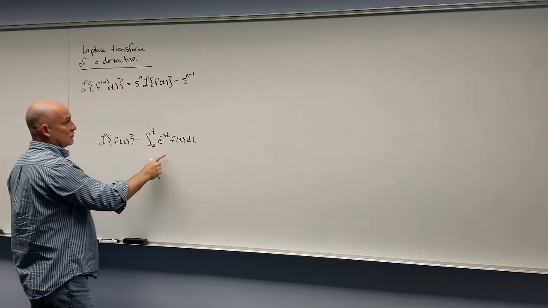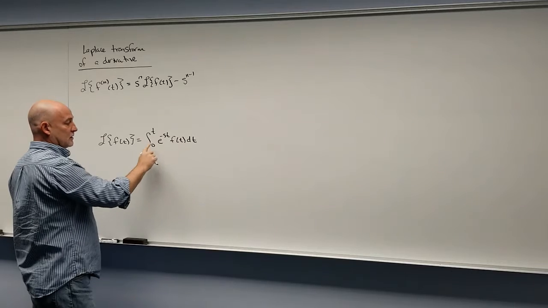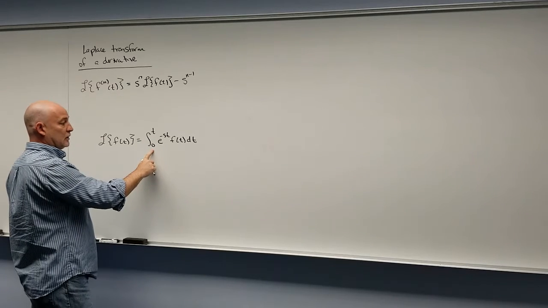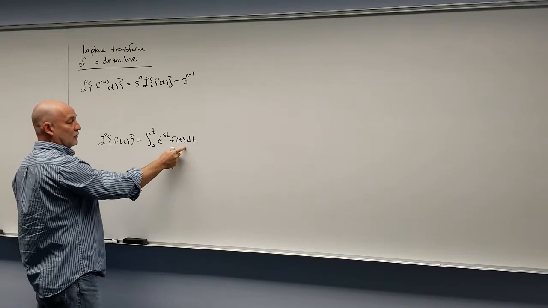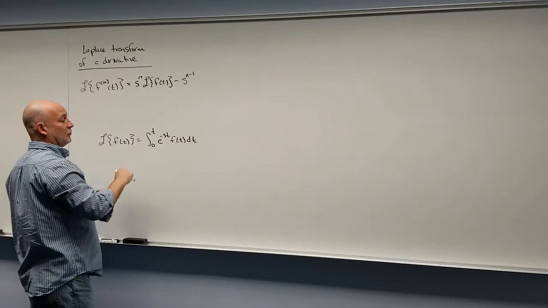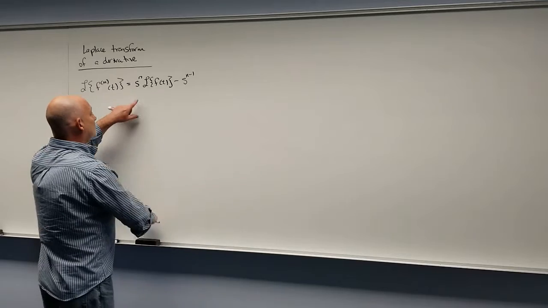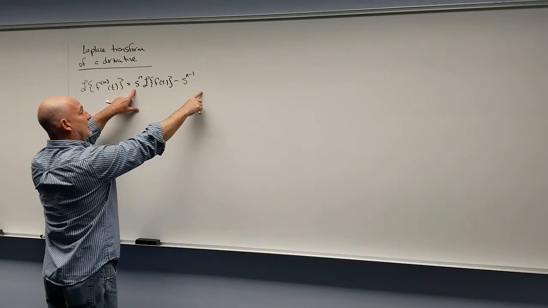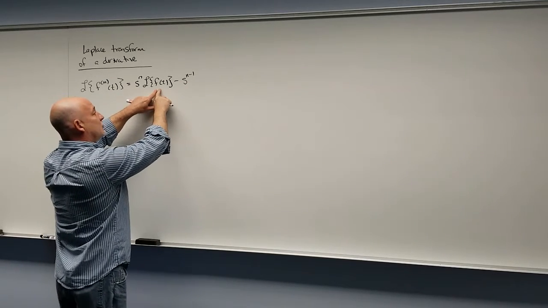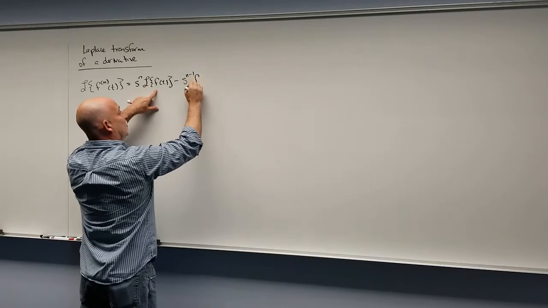Think about when you actually do this. You plug in the top endpoint minus the bottom endpoint. Since the bottom endpoint here is 0, we're going to get this function evaluated at 0 as we go along. Well, the function and its derivatives. So, when we start with the power of s, it's going to count down. The function derivatives count up, and we're going to be evaluating these at 0.